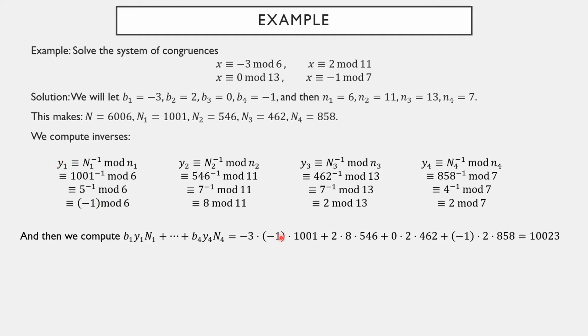For example, I could have picked a 5 here and everything would have worked out just fine. But in any case, once we compute all of these products and add up the terms, we got 10,023. So all solutions are given by x is equivalent to 10,023 modulo capital N, which was 6,006. And for convenience and prettiness, we can just reduce 10,023 mod 6,006, which is the same as 4,017.